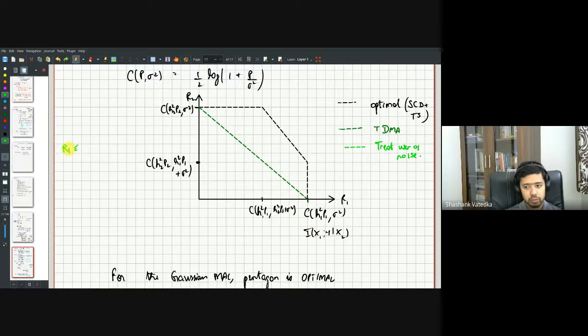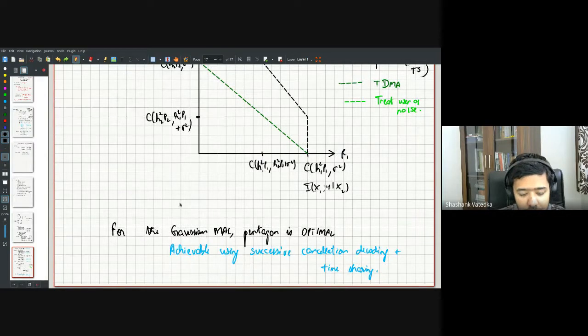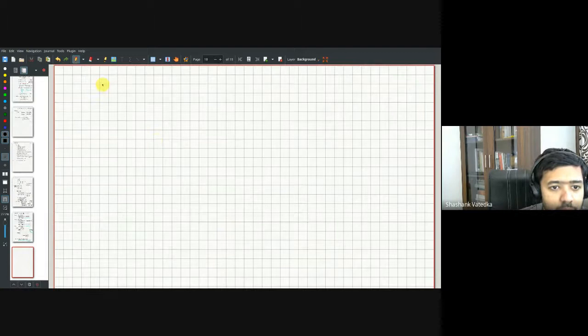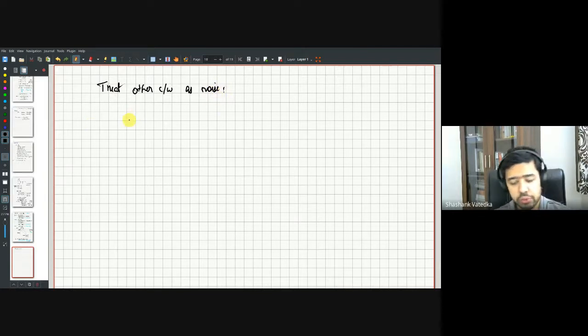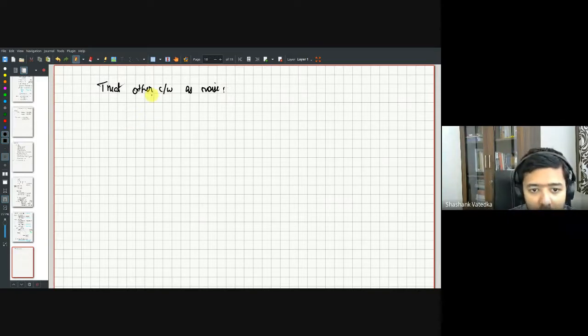So basically each user uses just a codebook designed for the point-to-point AWGN channel.